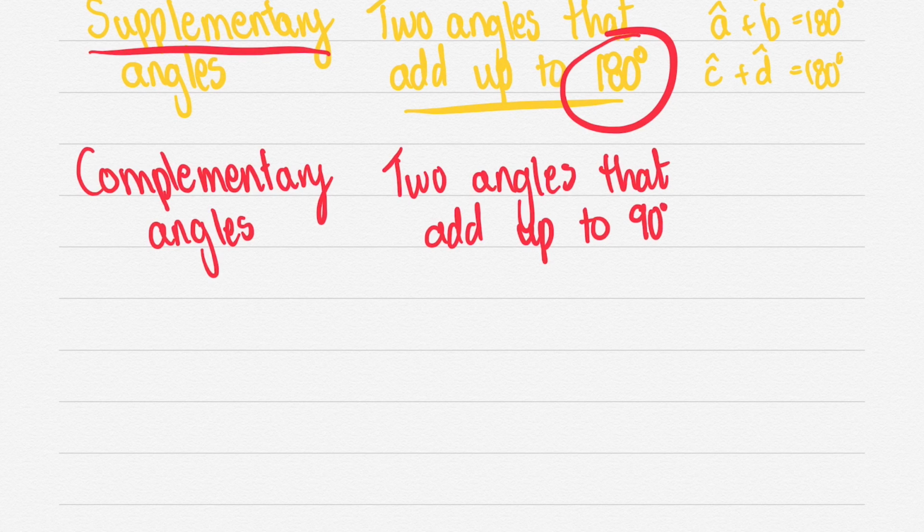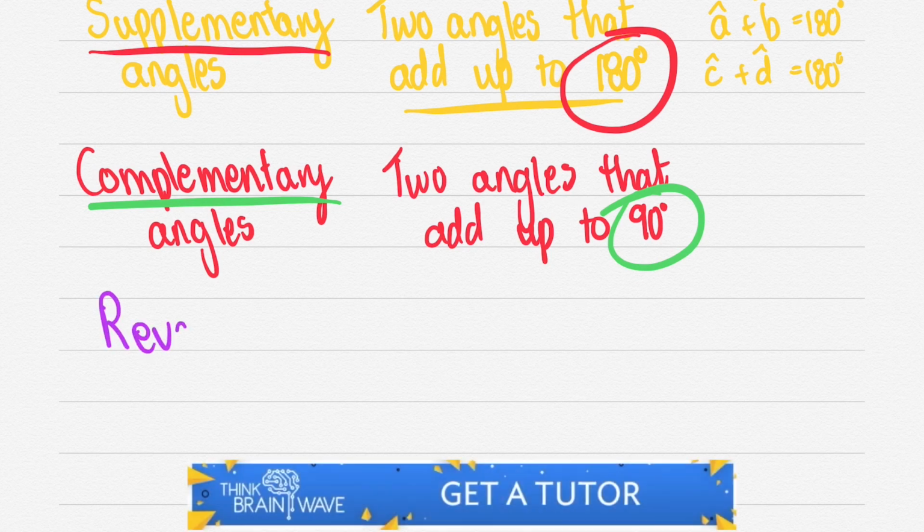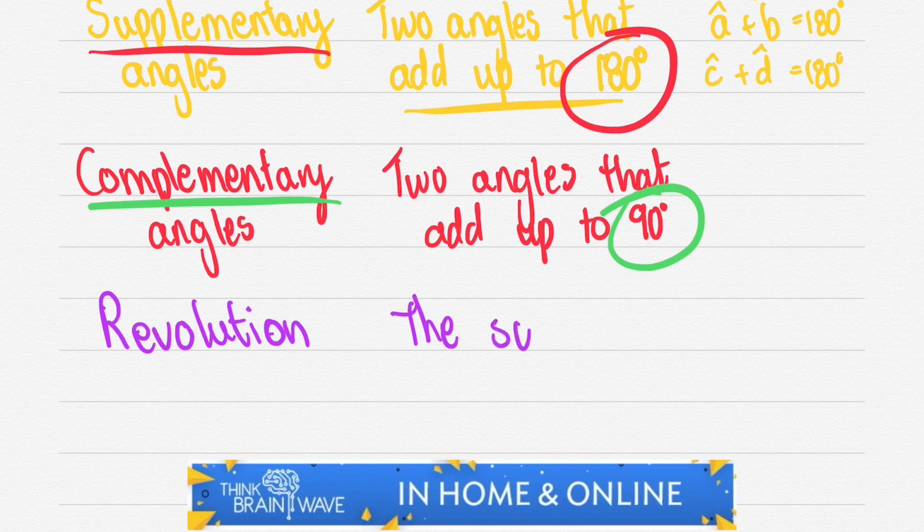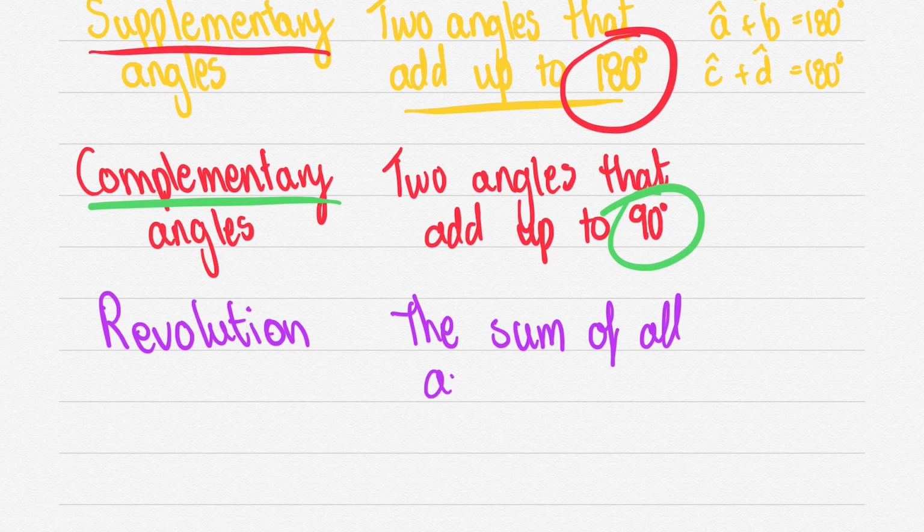So that's complementary at 90 and supplementary at 180. Take notice of that. Complementary is 90 and supplementary is 180. Make sure not to get confused. It's very easy to remember that. So 90 comes before 180, just like C comes before S in the alphabet. Very nice and easy.